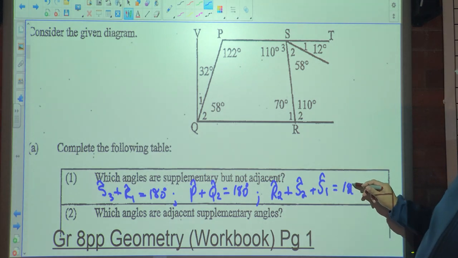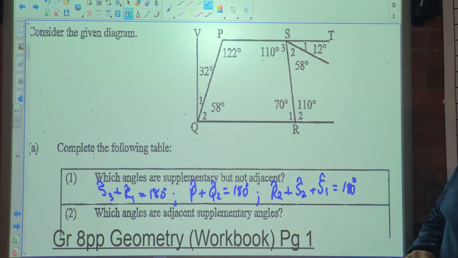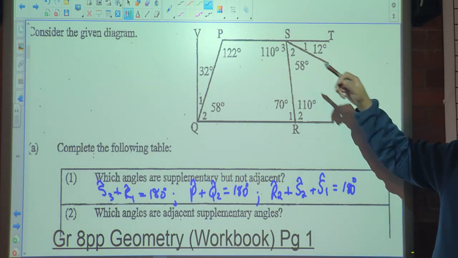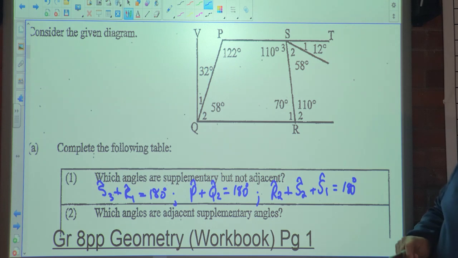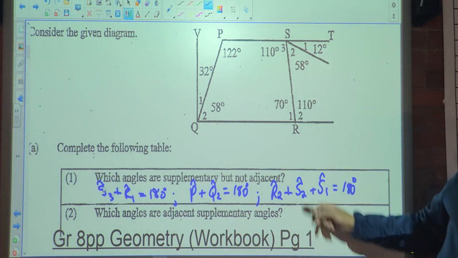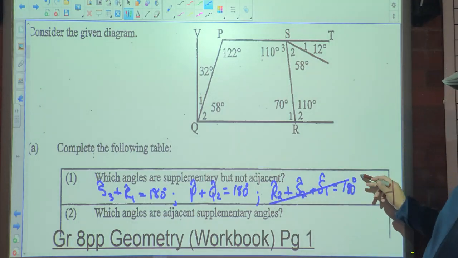That's also 180. Can you see that, people? But these are adjacent. They are adjacent, but that is not adjacent supplementary. If you want, you could have left it out, because are you getting confused with that? Okay.